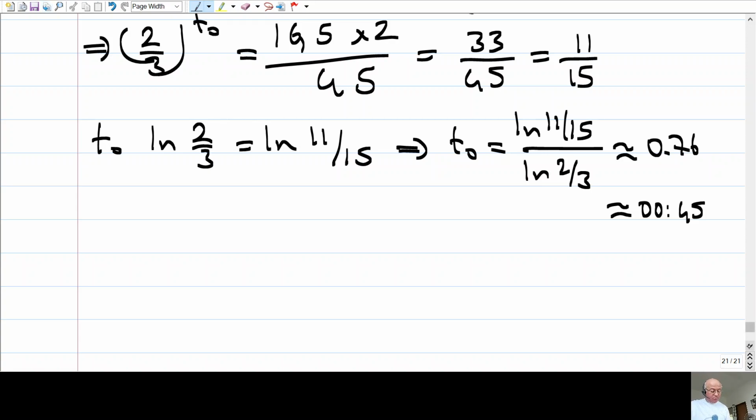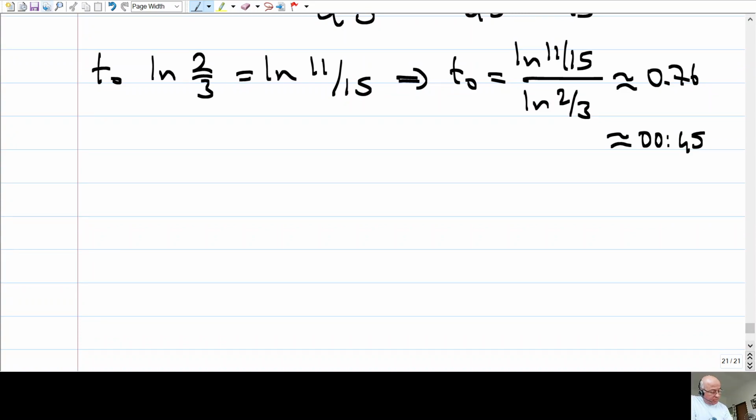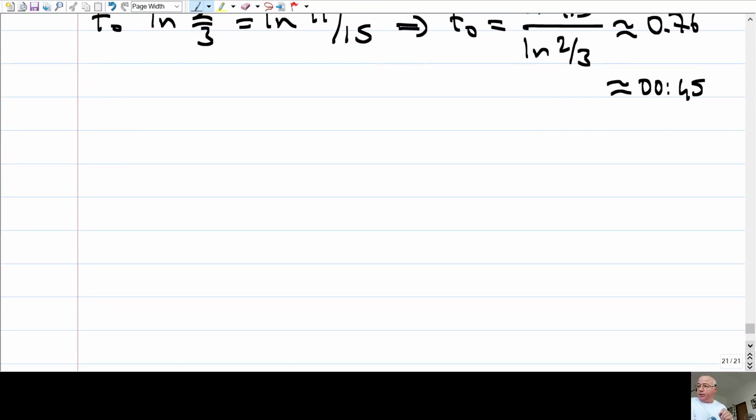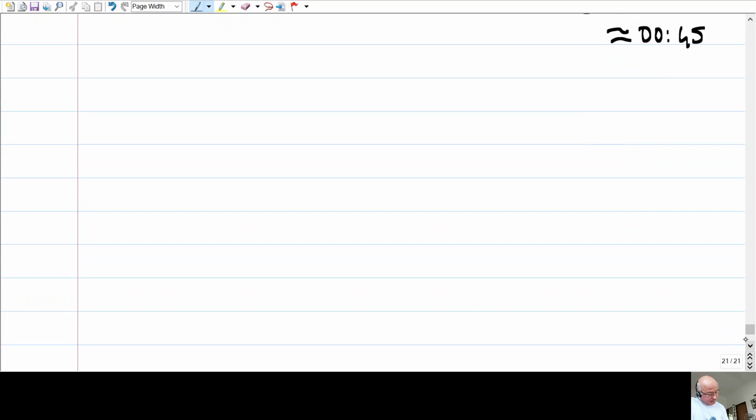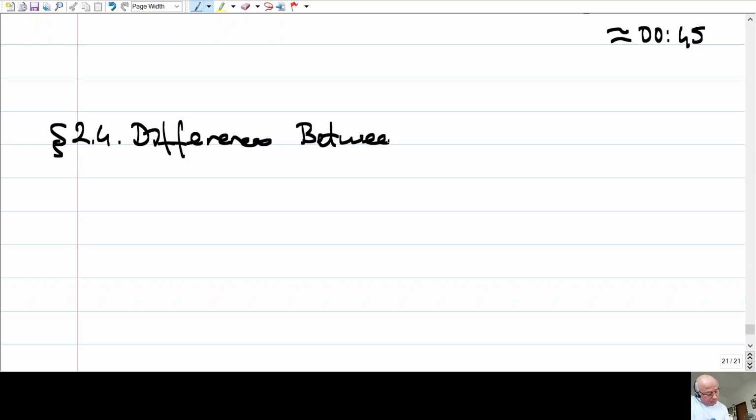Any questions so far? Okay, so let me start a new topic then. This is 2.4, differences between linear and nonlinear equations.